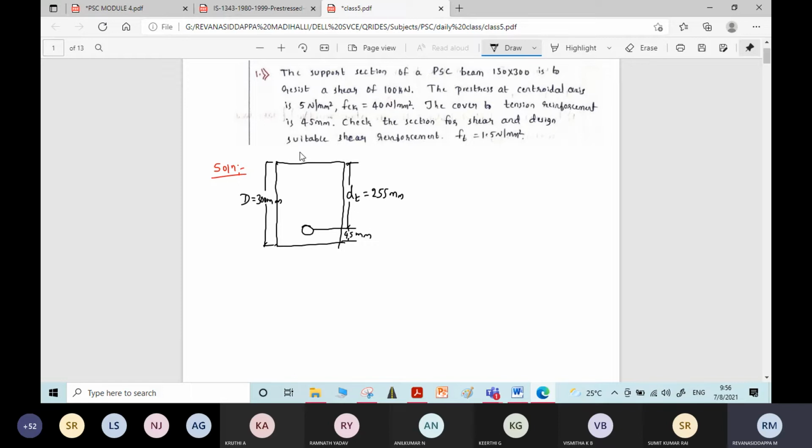B is 150 mm. Overall depth is equal to 300 mm.